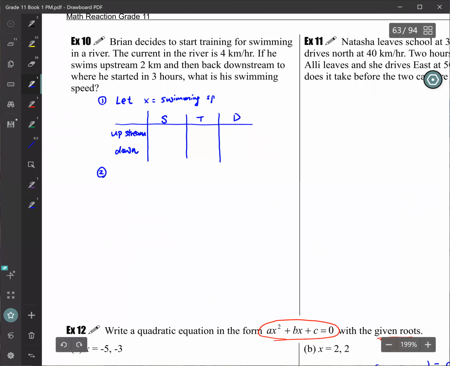Okay, swimming speed, just like the airplane speed.